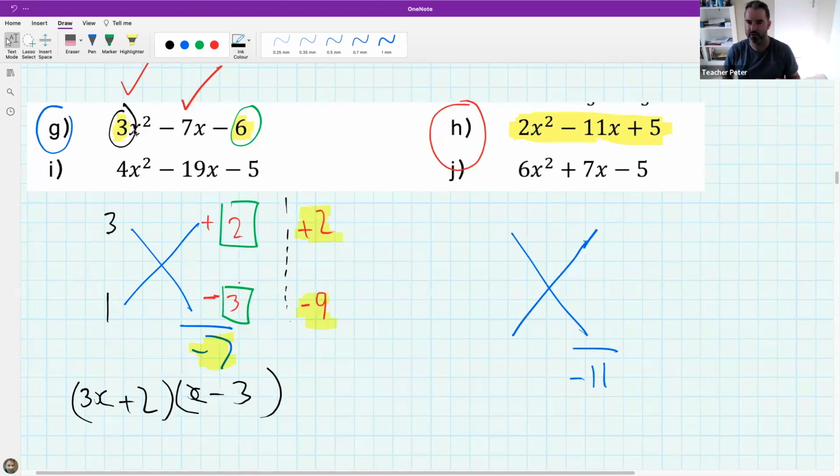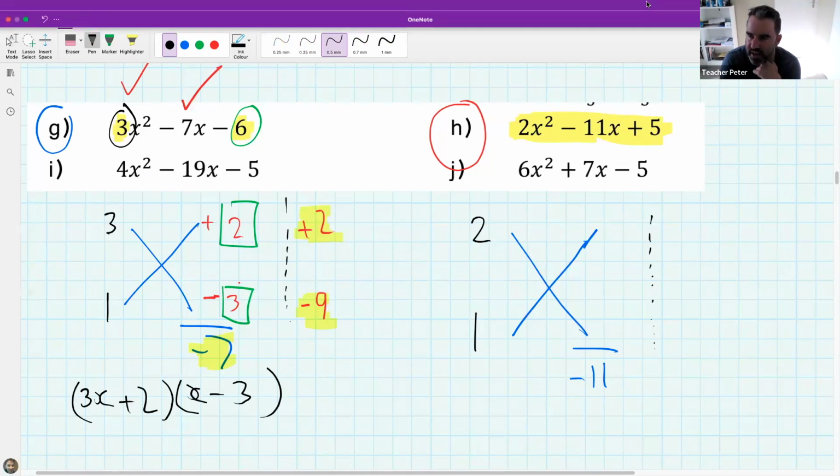If you trust me and learn this method, things will go well for you. And when you're done, just say done in the chat.